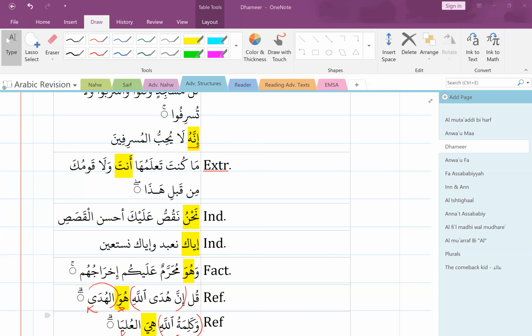So I think this inna is just a normal, probably innahu. يا بني آدم خذوا زينتكم عند كل مسجد وكلوا واشربوا ولا تسرفوا. Sounds like a damiru shan. Why is it?